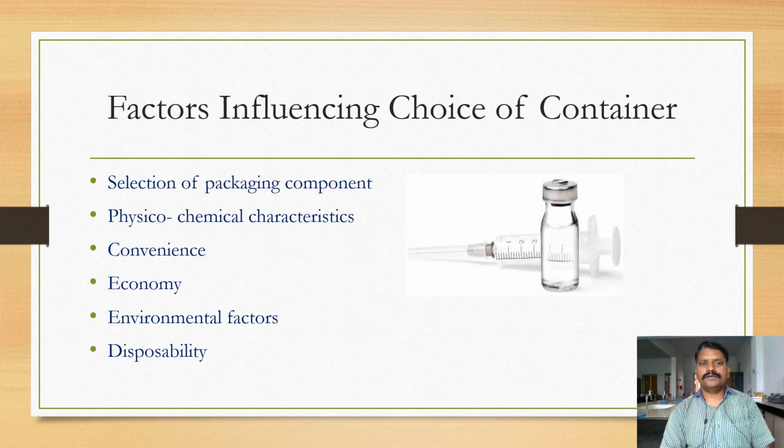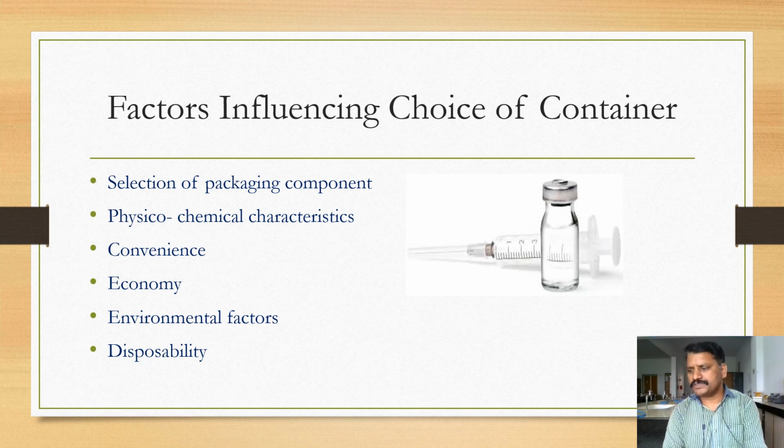Now, what are the different factors influencing the choice of container? There are many factors you should consider while selecting a stable, qualitative and effective packaging material for the parenteral dosage form, like selection of packaging components, physicochemical characteristics, convenience, economy, environmental factors and disposability. See the first, selection of packaging components.